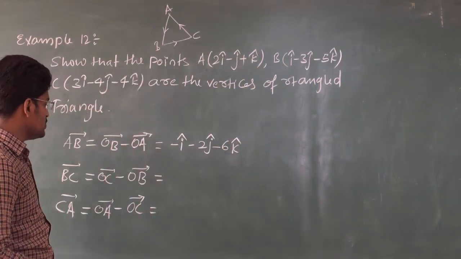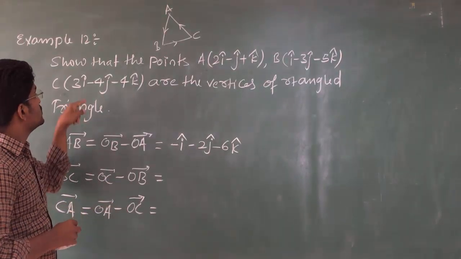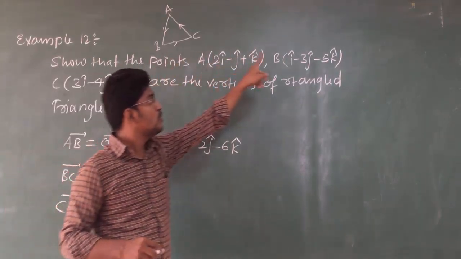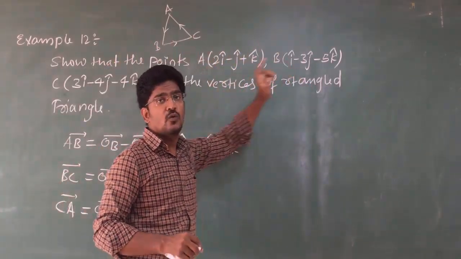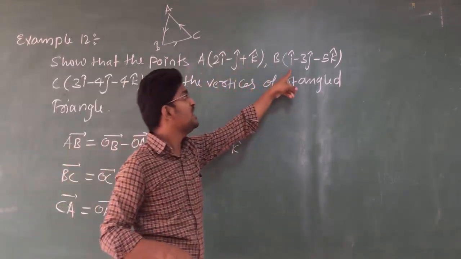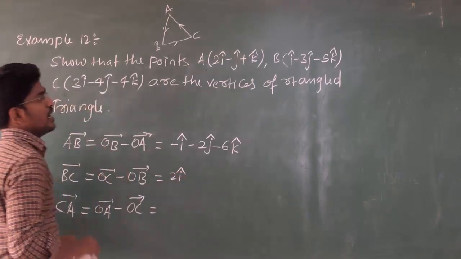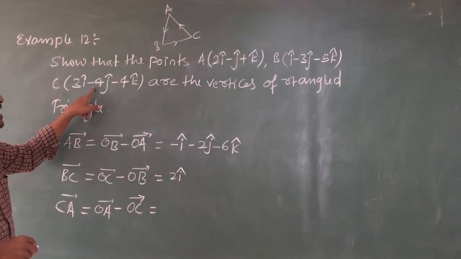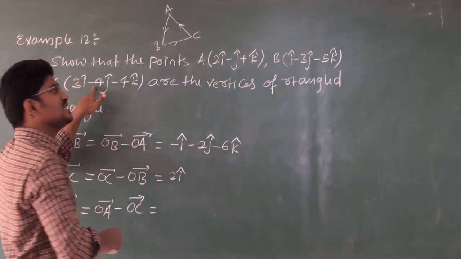Clear? Next, vector OC minus vector OB. So this is OC vector, this is OB vector. So vector OC minus vector OB. Clear? That means 3i cap minus i cap will be 2i cap. Clear? Minus 4j cap, minus of minus 3 means plus 3j cap.